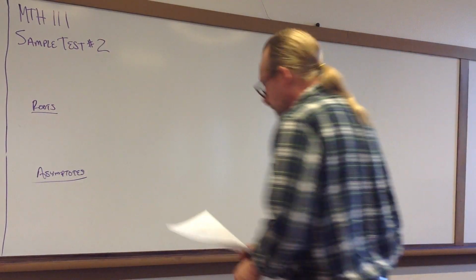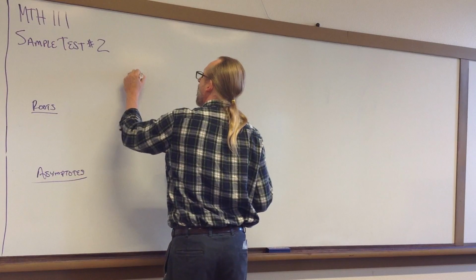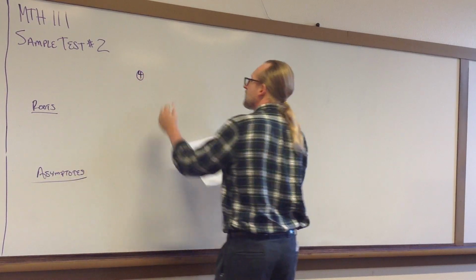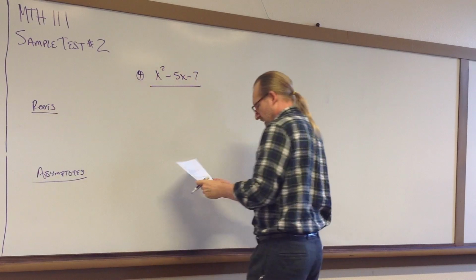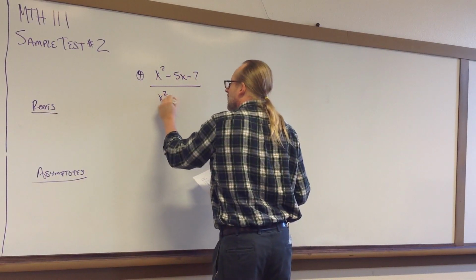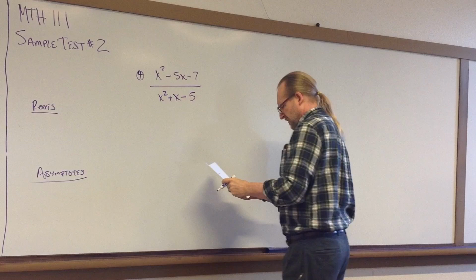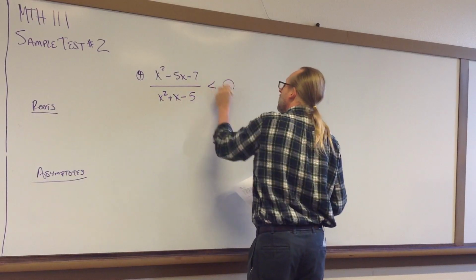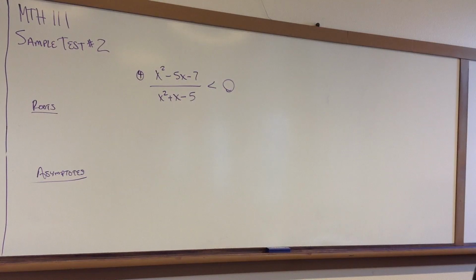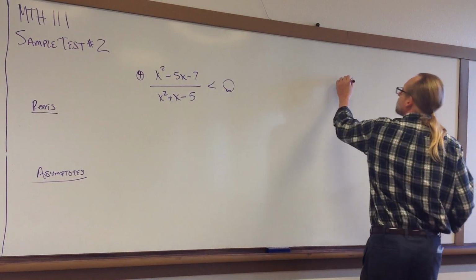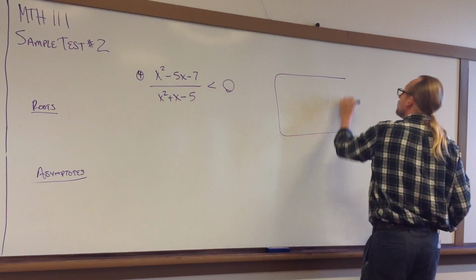So, number 4, what do we have? X squared minus 5x minus 7 on top. X squared plus x minus 5 on the bottom. And we want to know, where is this one going to be less than 0?